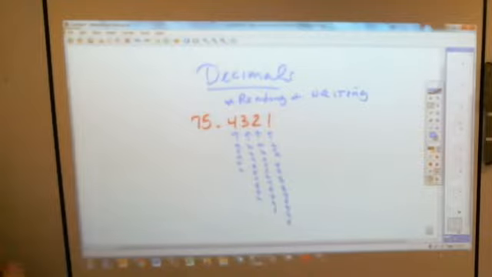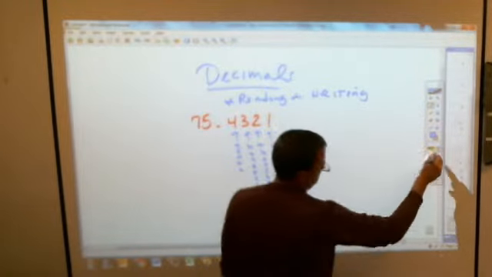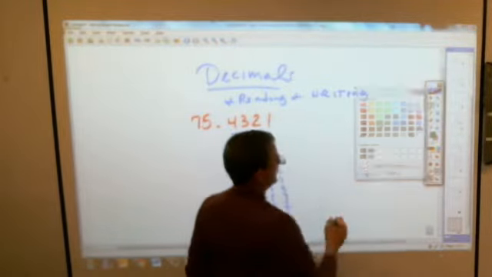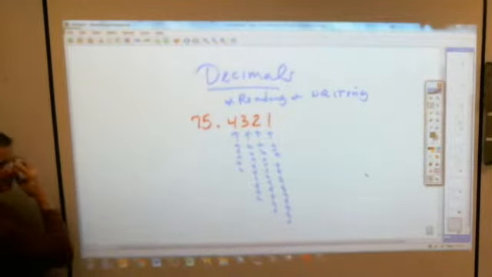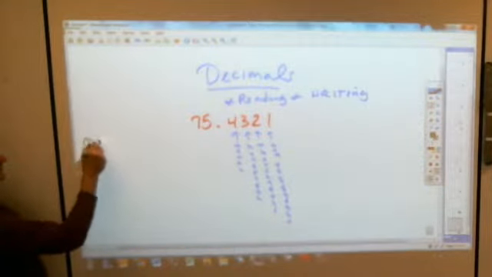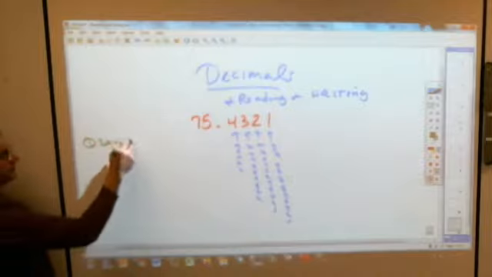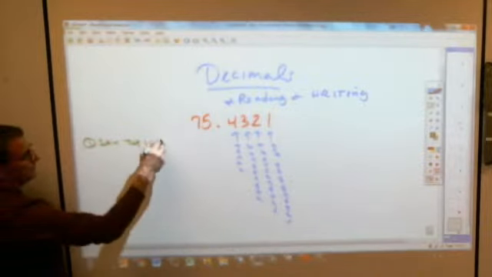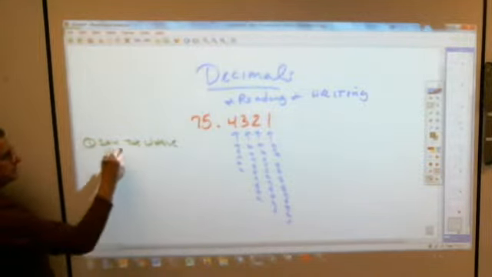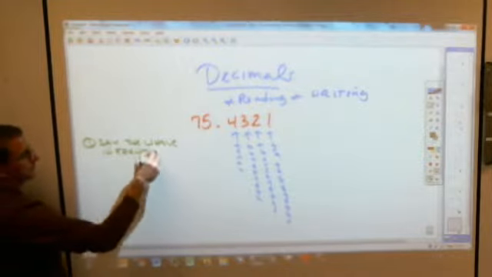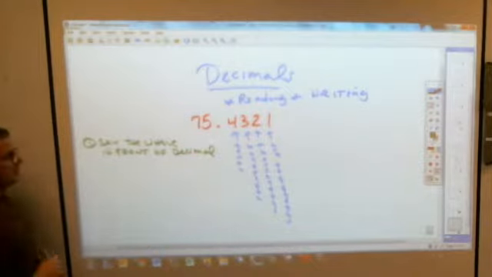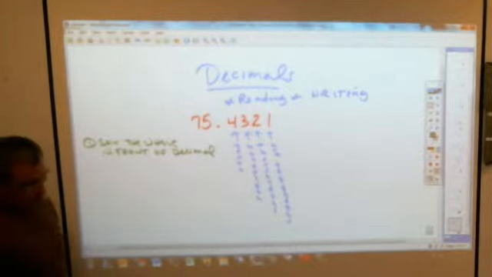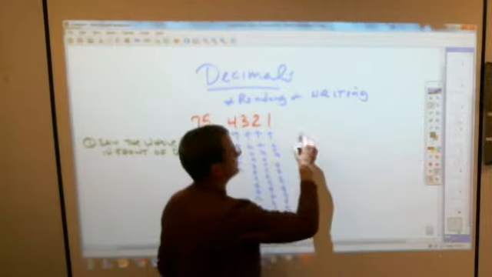So when you read a decimal number, it's really a 4-part ordeal. You need to write this down because it's pretty simple and I'm pretty sure most of you know it. The first thing you have to do is say the whole number in front of the decimal. In this case, the whole number in front of the decimal is 75.